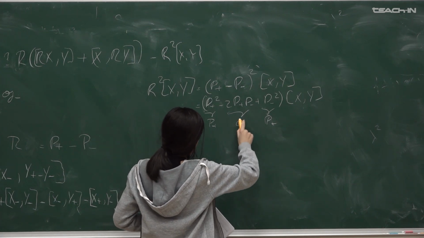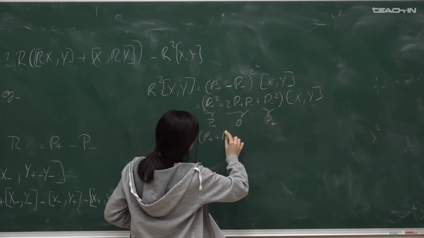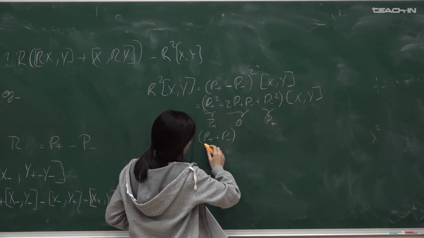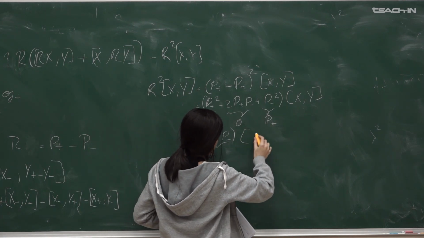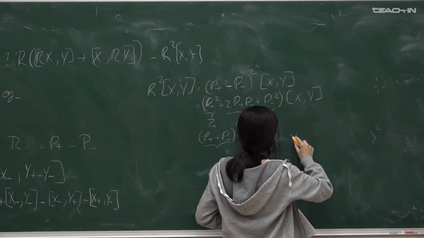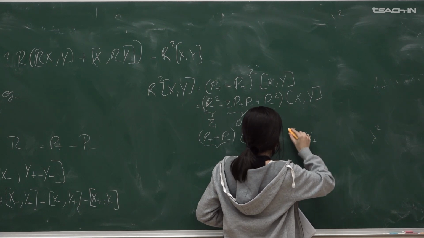It's a 0, yeah. P plus P minus just acts like the identity. Exactly. Yes, you're right. Just to commute it, yeah.